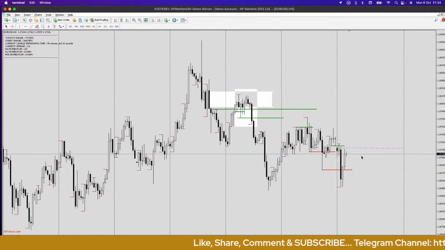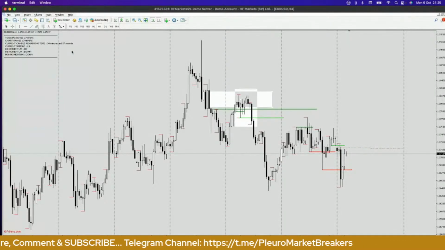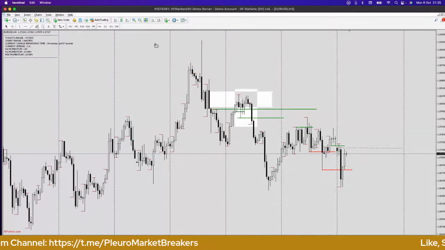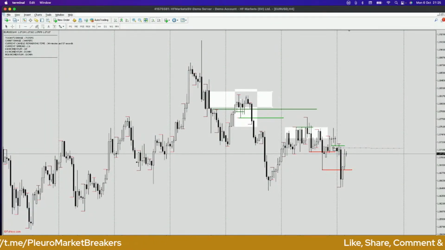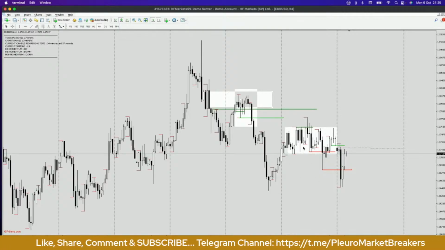Now, what do I expect price to do here? Well, we had an indecision. This is a consolidation. So price is going to manipulate out of this. The question is in what direction?